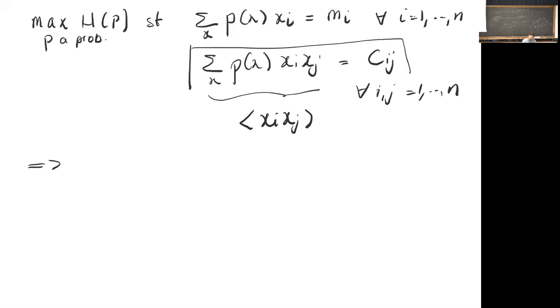Now we have n constraints here, and we have n squared over 2, essentially, constraints here.